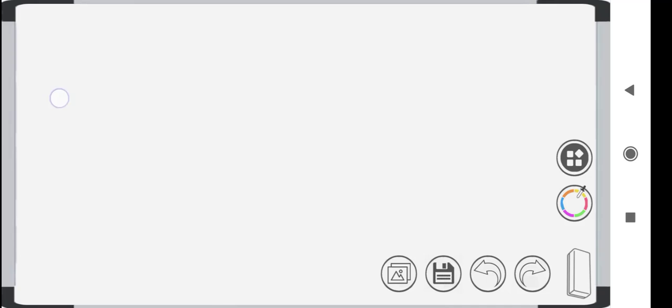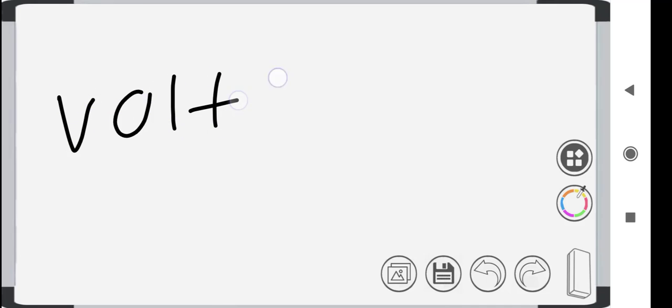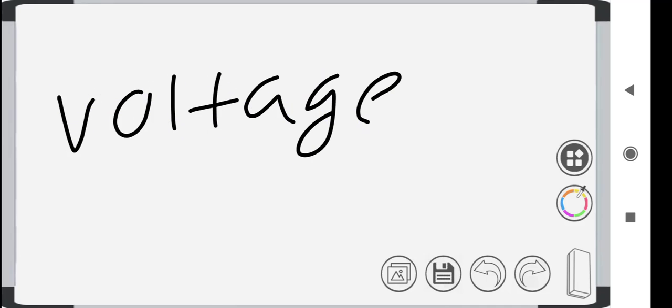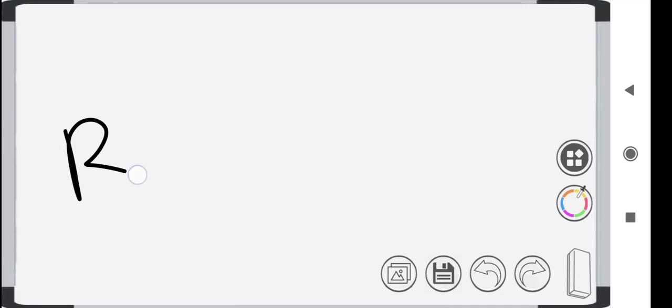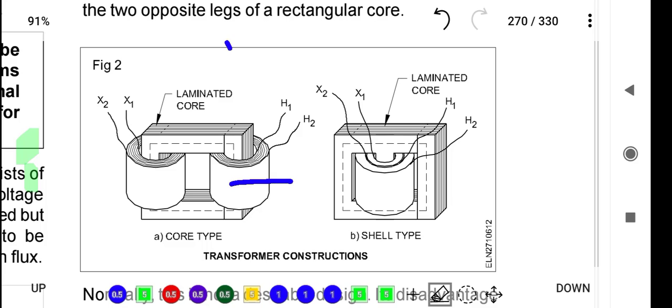Voltage regulation will be poor. Because of this reason, the core type transformer is not preferred. So the disadvantage of a core type transformer is flux leakage.